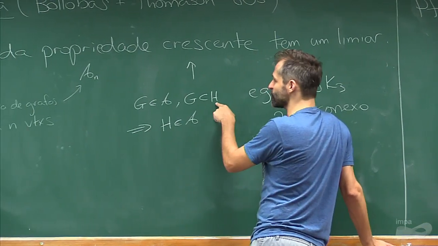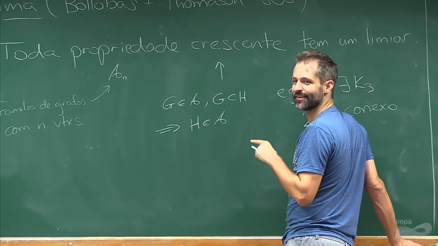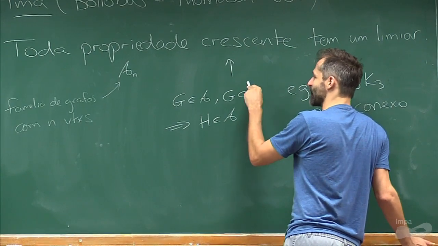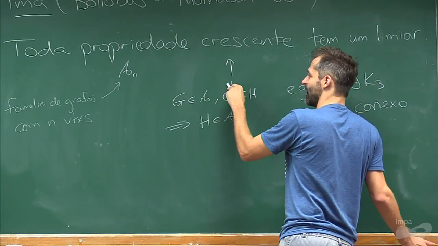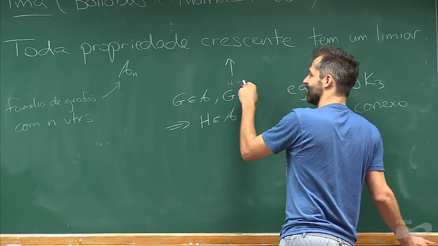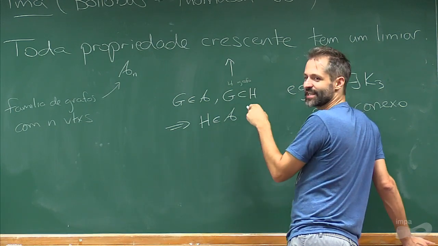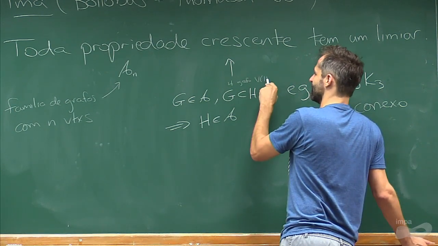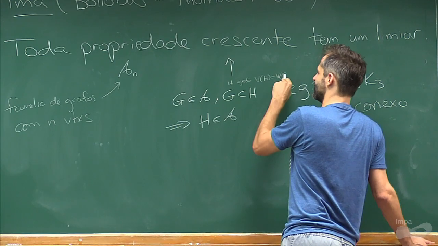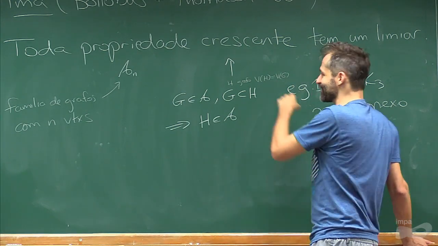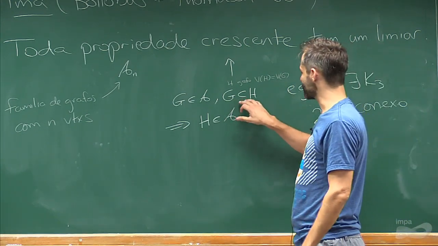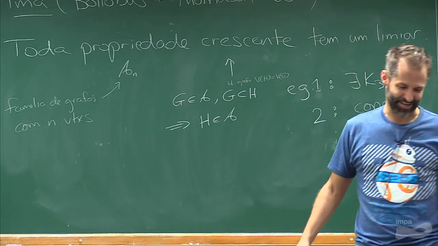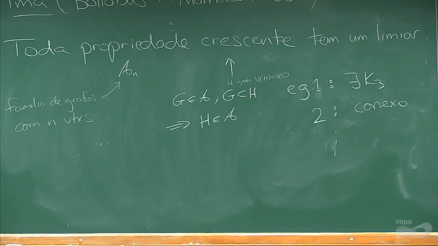You're worried that H might not be a graph on n vertices. So I should say that H is a graph with the same vertex set as G. Yeah, sorry, this was supposed to be implicit in what I said, but you're quite right. It's not formally the same thing.